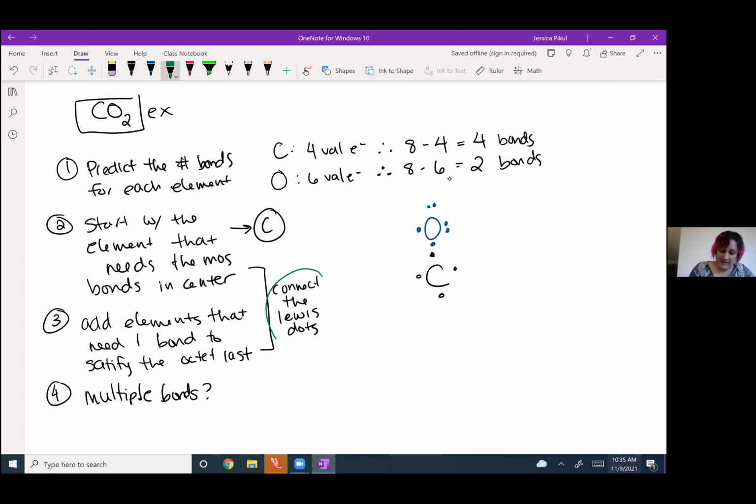When I say connect the Lewis dots, what I mean is I'm going to match up 2 unpaired electrons. And that's going to create a bond. So now I have one single bond if those 2 electrons are shared with one another. All right, and I'm going to put in my other oxygen. I'll put it down here just for fun.